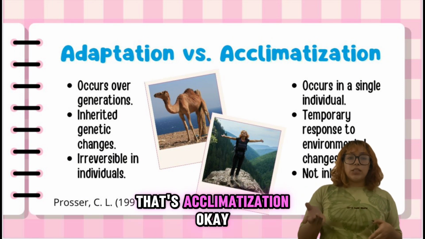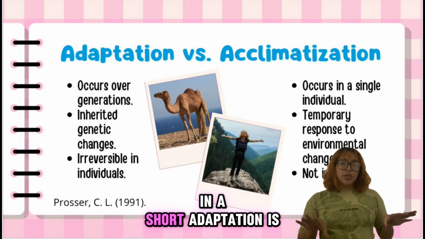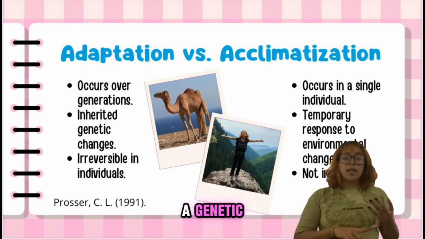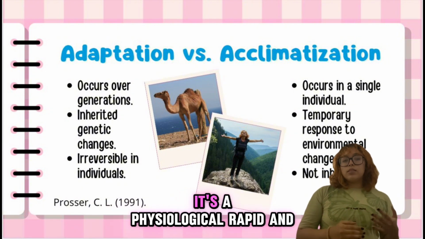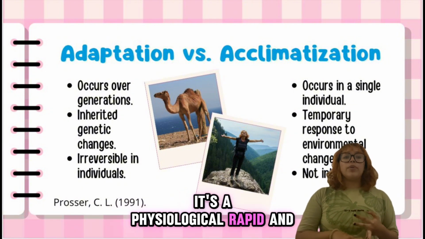That's acclimatization. In short, adaptation is genetic, slow, and inheritable, and acclimatization is physiological, rapid, and in a person.